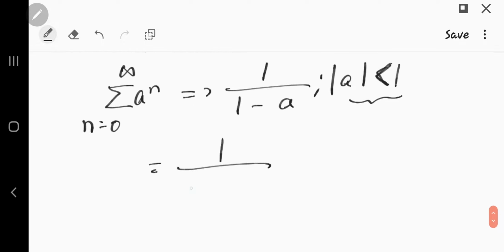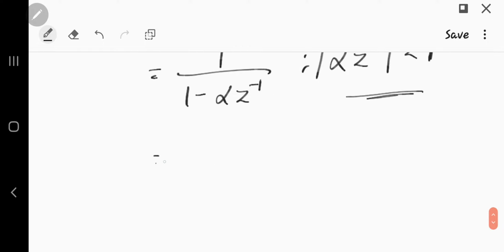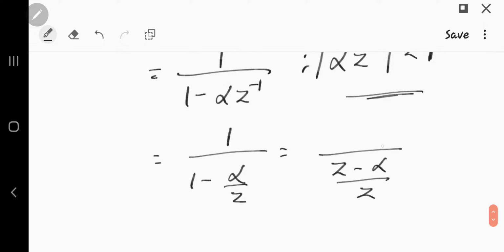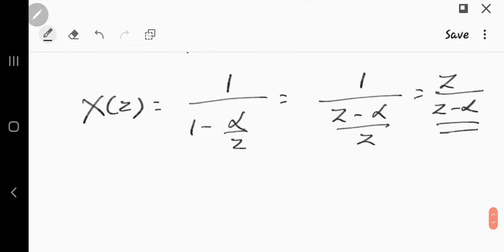So that's 1 divided by 1 minus alpha z inverse, where |alpha z inverse| is less than 1. Now if we simplify this, 1 divided by 1 minus alpha by z, that is z divided by z minus alpha. So this is X of z.